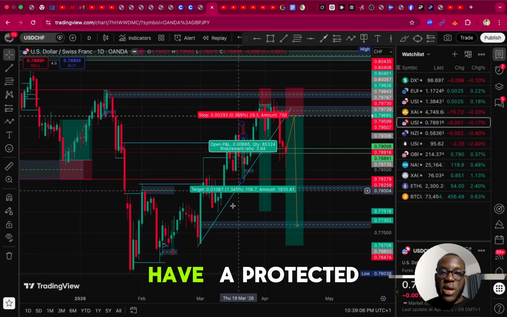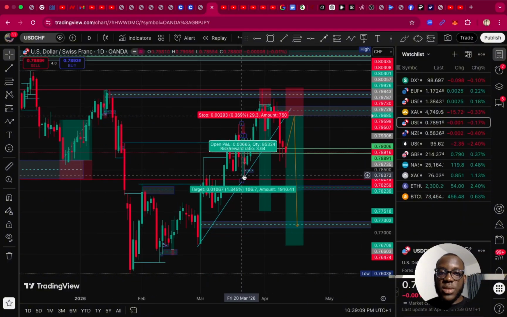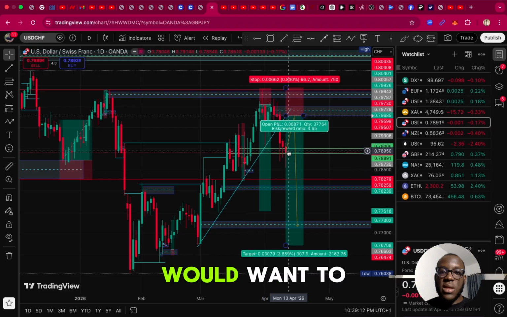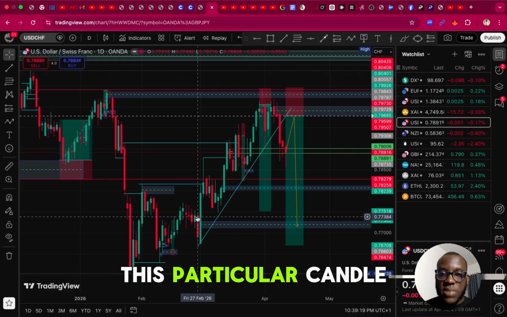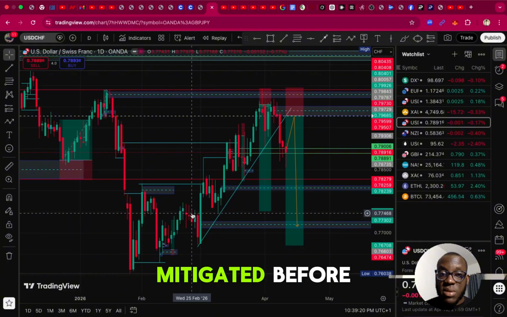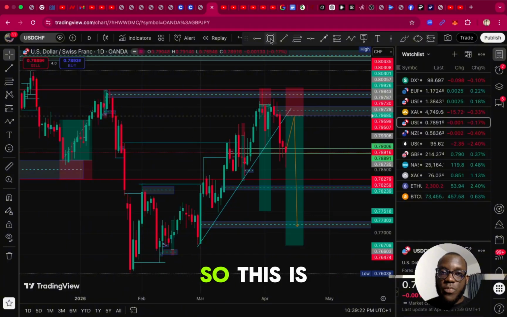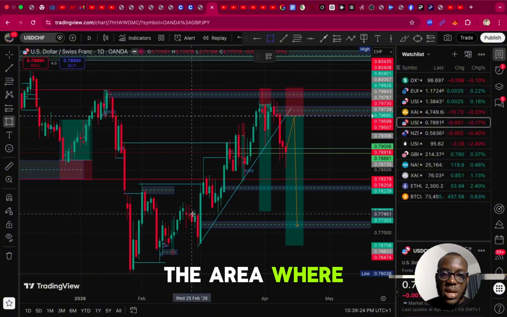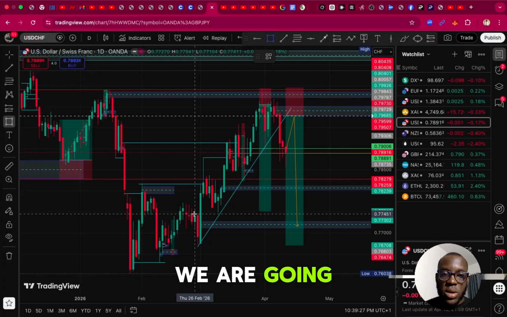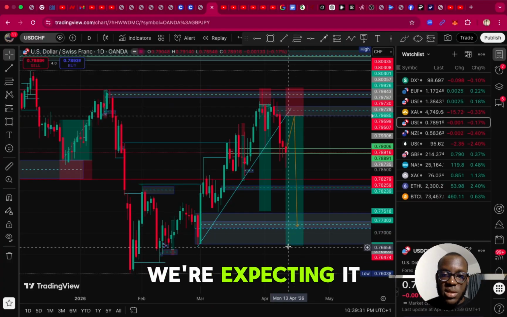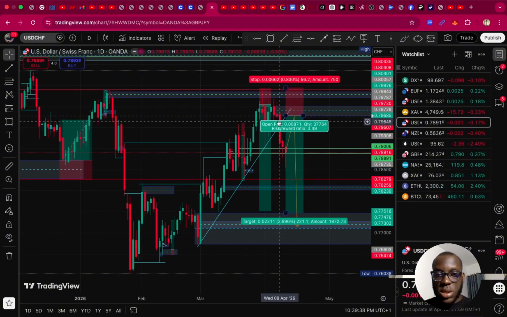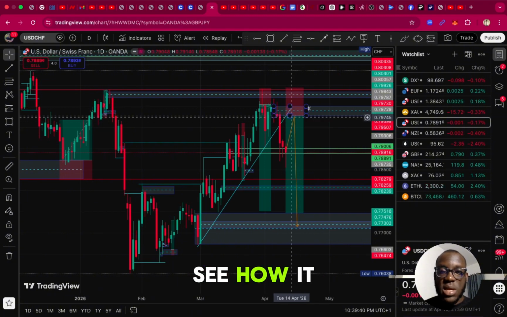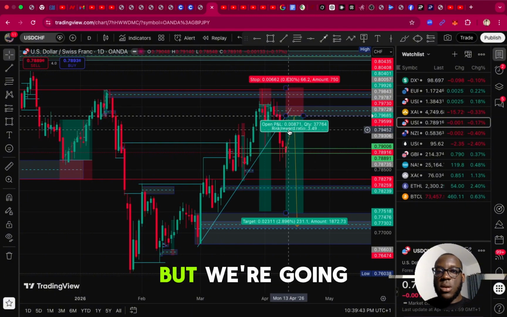So here we have a protected low, and I feel that the market would want to come to mitigate this particular candle, and I feel it hasn't been mitigated before. So this is the area where we are going to be expecting it to come down to. So we are going to watch and see how it plays out.